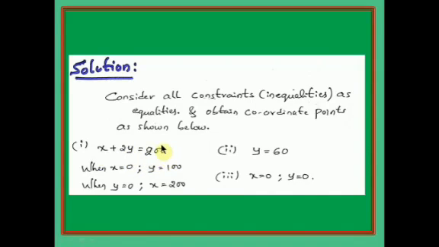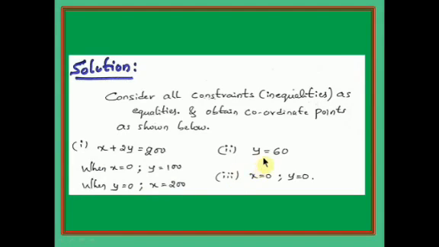It becomes 100. So when x equal to 0, y is equal to 100. And once y is equal to 0, this 2y term will be equal to 0, so the remaining is x equal to 200. So when y is equal to 0, the x value is 200.